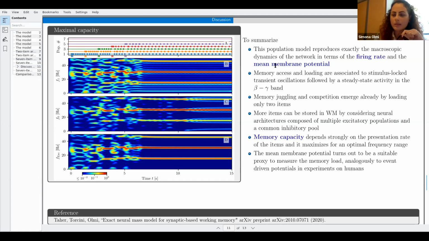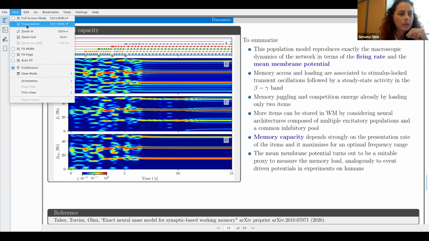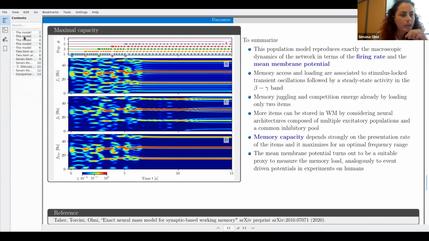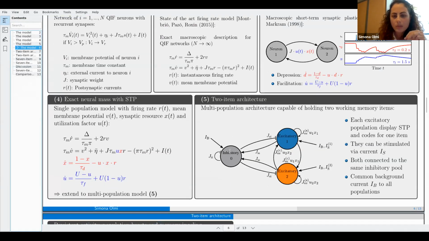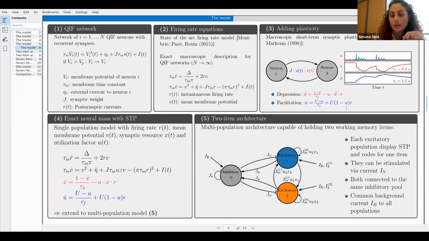The idea was to use a single inhibitory population to simplify the presentation and also the analysis.